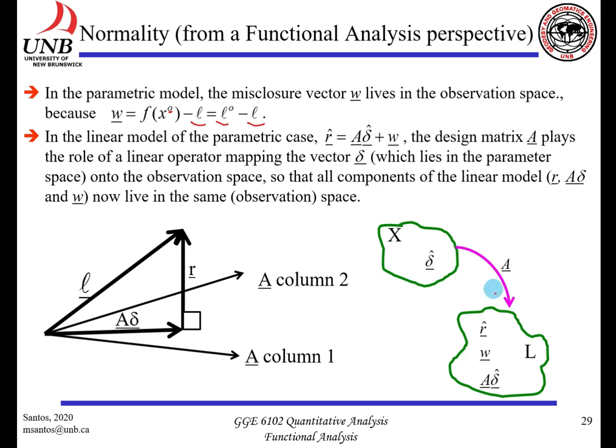So we have L equals A delta. So all components of the linear model, R, A delta, and W, now live in the same observation space.